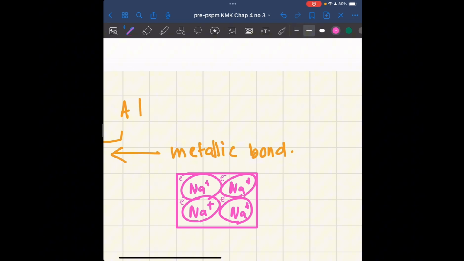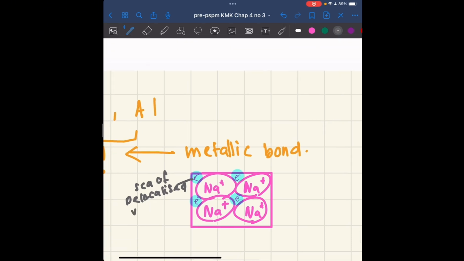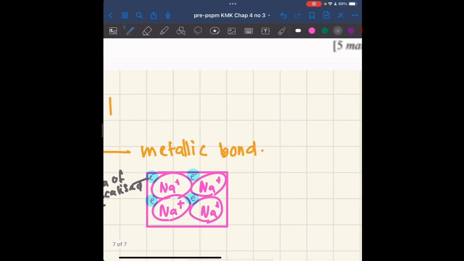So this one electron is called the sea of delocalised valence electrons. And this one is the positive metal ion.